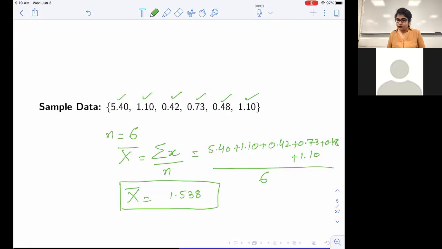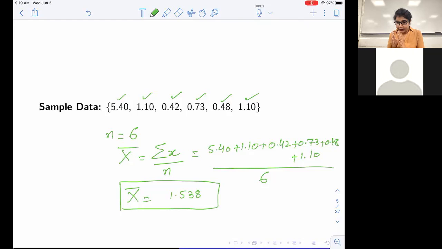There is a rounding rule, a rule of thumb, that you always round the number to one decimal place more than what you have been given in your data. For instance, in this example, the numbers are given in 2 decimal places, so whatever answer we have, we will round it to 3 decimal places. This is the general rule for us.